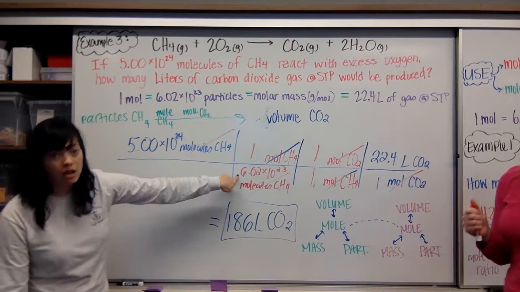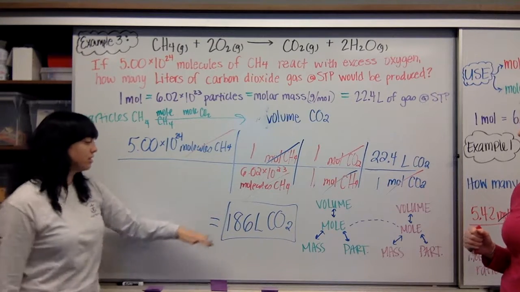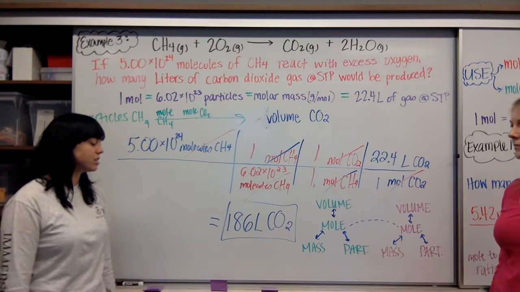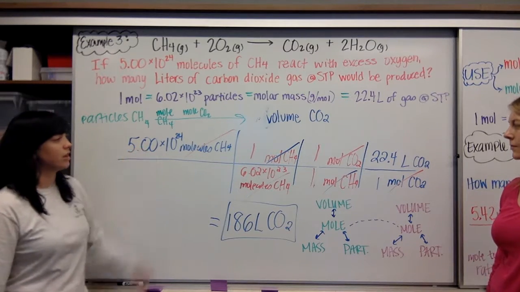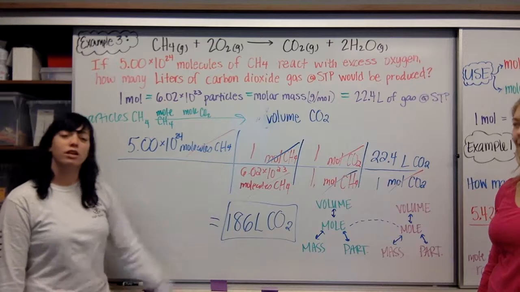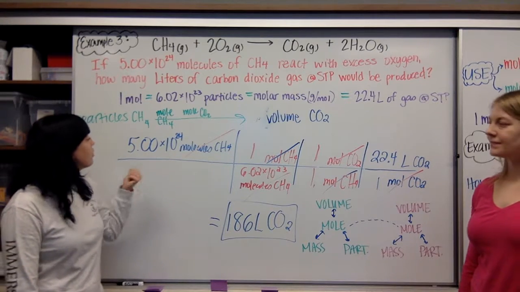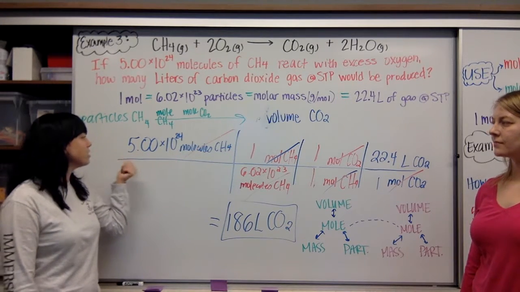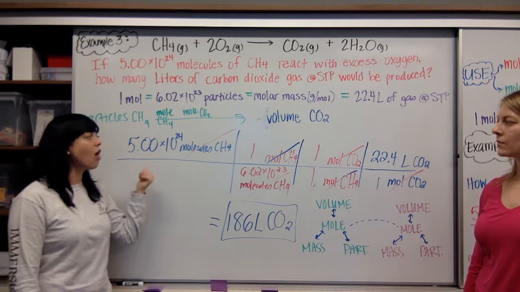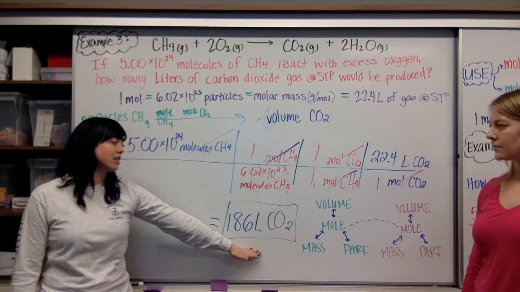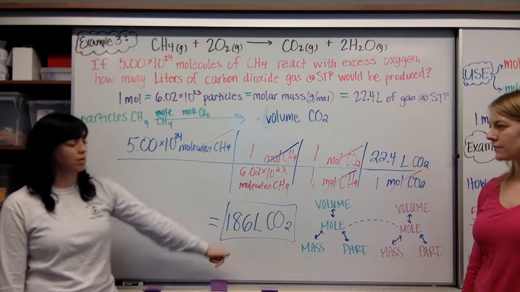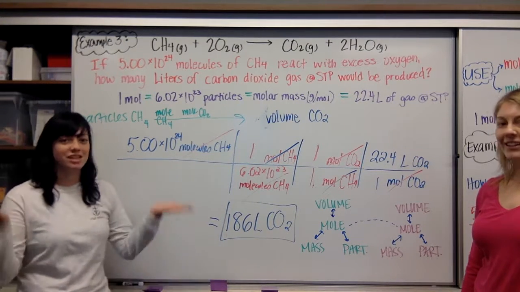Also don't forget your parentheses, equals 186 liters of carbon dioxide, 3 sig figs, because that's what our given was. And there you go. So if we started out with 5.00 times 10 to the 24th molecules of methane, we are going to end up producing 186 liters of carbon dioxide. That's a lot of carbon dioxide. All right. That's it. That's all.